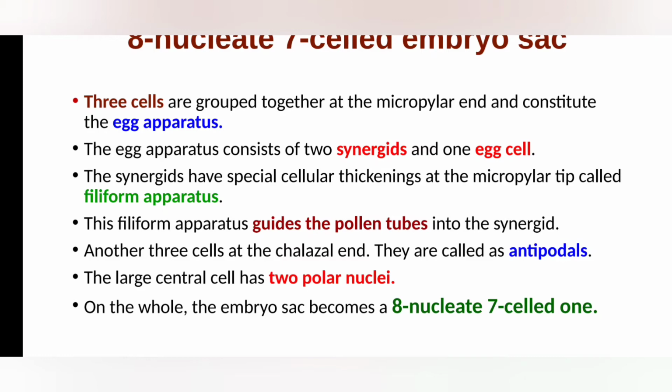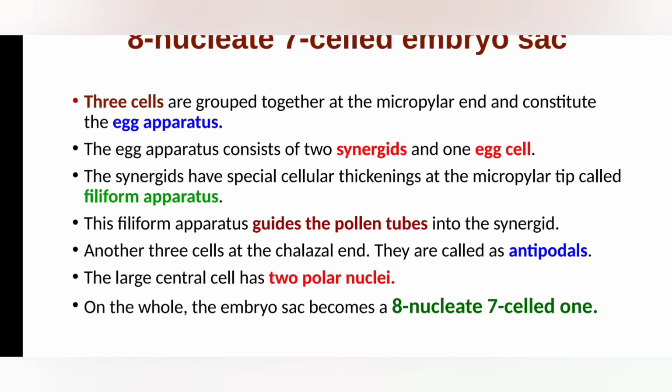The synergids have special cellular thickenings at the micropylar tip called filiform apparatus. What is meant by filiform apparatus? At the end of the synergid, we have the micropylar tip. At the micropylar tip, special cellular thickenings are found. They are called filiform apparatus. Now, what is the function of this filiform apparatus?